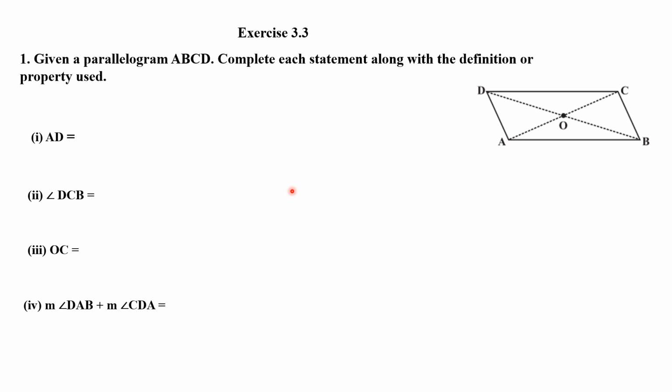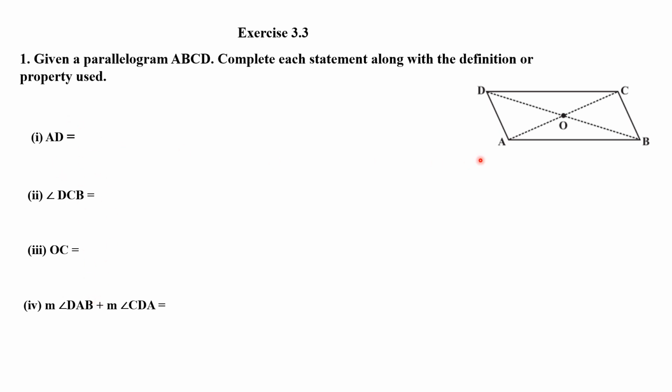Third property: the adjacent angles in a parallelogram are supplementary. Supplementary means the sum of the adjacent angles will be 180 degrees. And the fourth property: the diagonals of a parallelogram bisect each other, means they are getting divided in two equal halves. So now, keeping all those properties in mind, I am going to solve these questions.